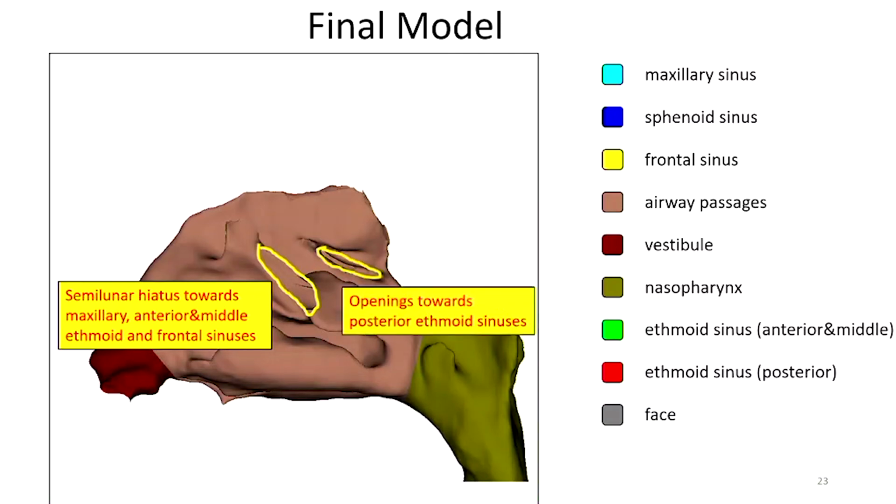And here is the opening towards the posterior ethmoid sinuses. And the last opening is located here towards the sphenoid sinuses. So the final model is very clean, and it's clean enough for meshing and afterwards CFD simulations.